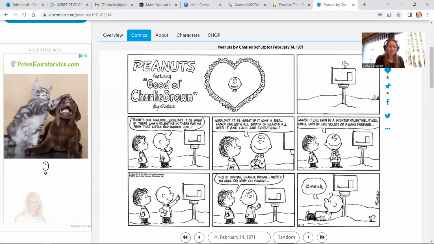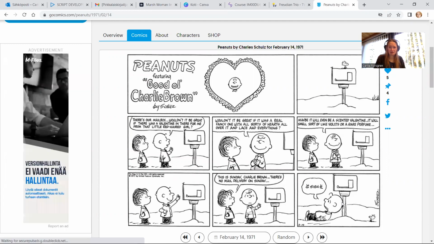Yeah, although sometimes Linus is the dreamer, so there are times when the roles are reversed. Because Linus has his weirdnesses, and then Charlie Brown has to be the realist around. But here, at least, Linus is the one who listens to Charlie Brown, and that's kind of important.